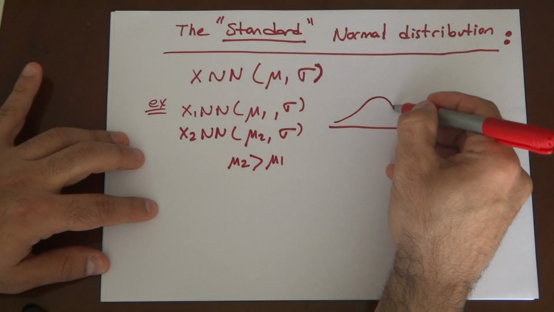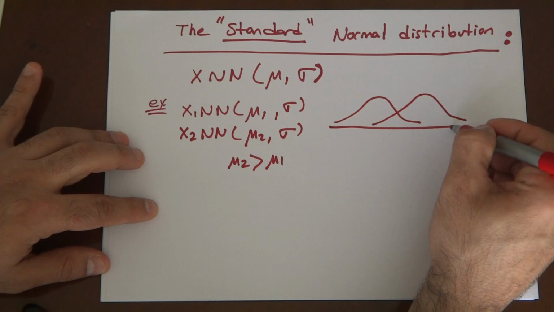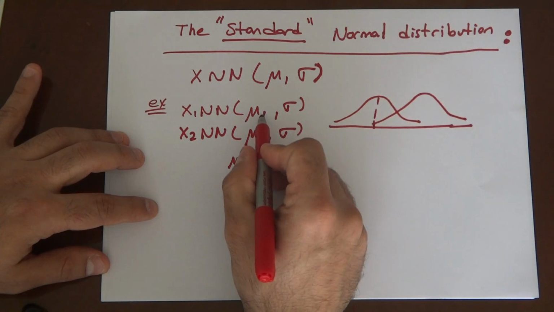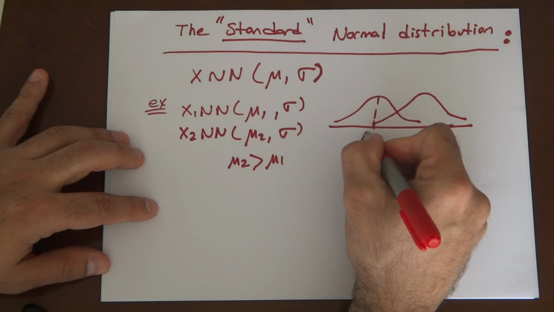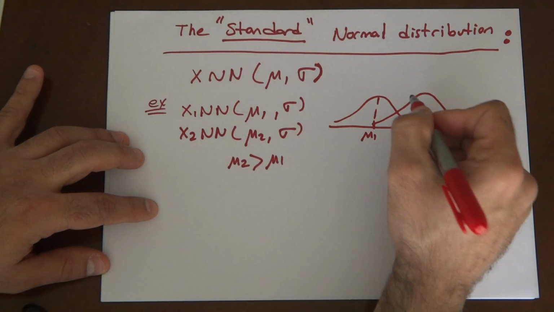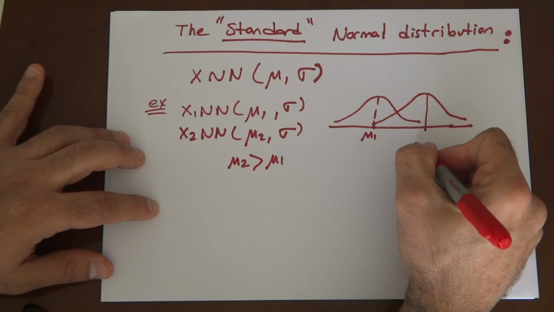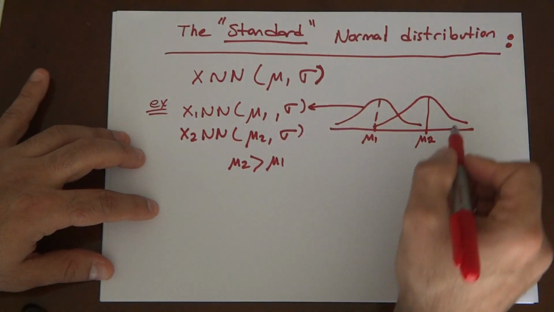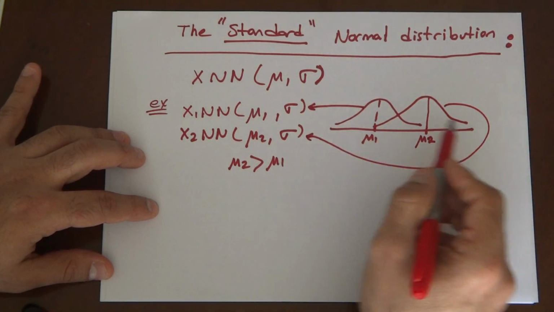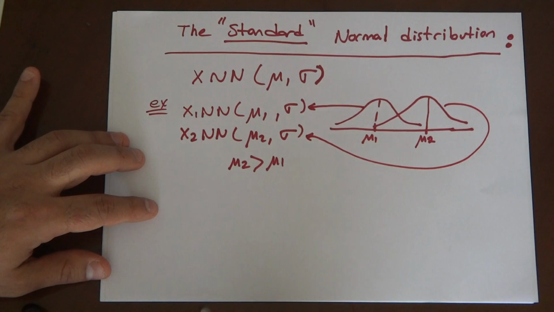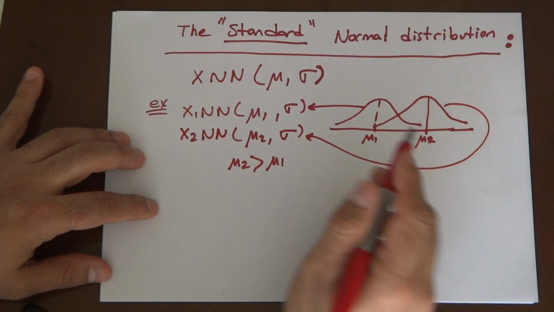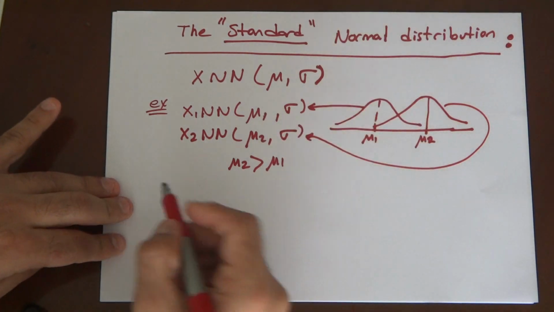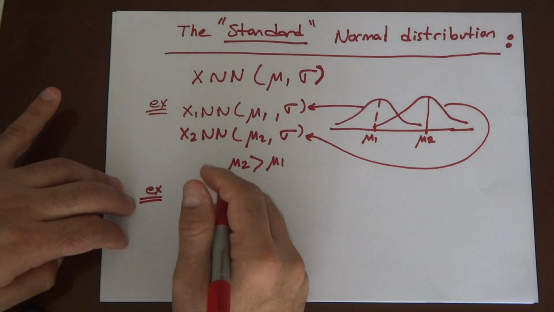Since we have two different normal distributions, the first center, because the mean must be in the center, is mu1, and since mu2 is greater than mu1, this is the second distribution. This bell shape shows the first distribution, and this one shows the second. As you see, they are not the same, because we have two different population means. Or they can differ in their standard deviations.